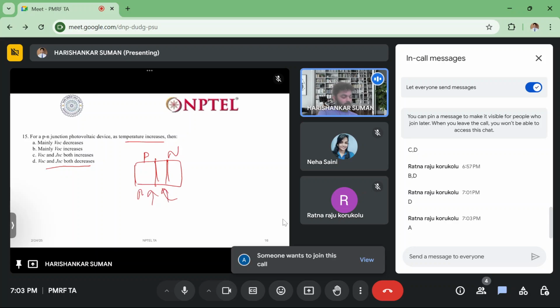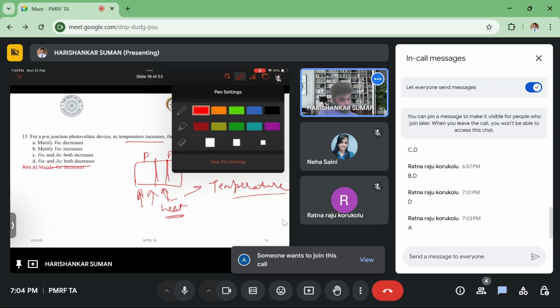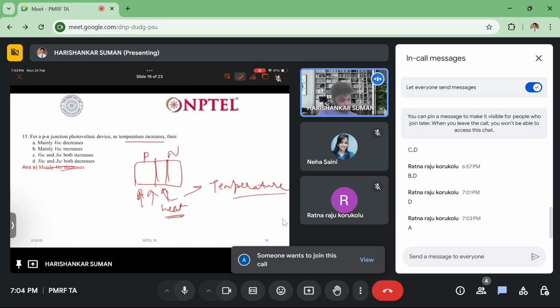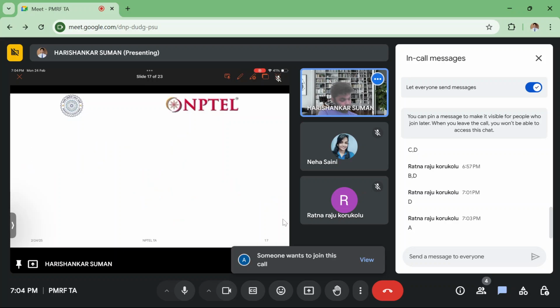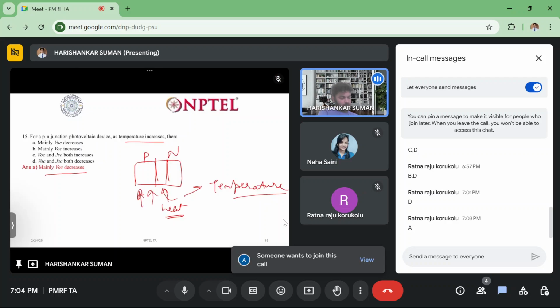Let's say this is heat, due to it or due to the temperature. So VOC decreases. Why?